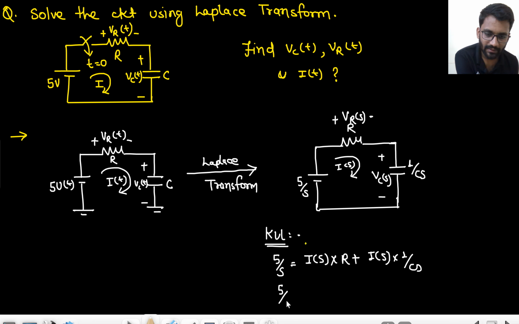So 5 by S is equal to I(s) times R plus 1 by Cs. Taking the common denominator, it will be RCs plus 1 by Cs, right?